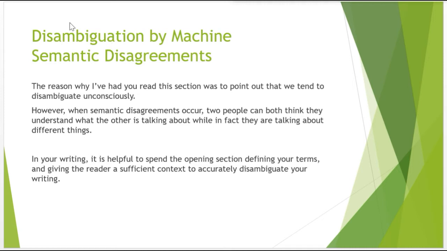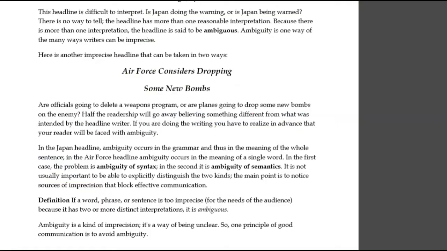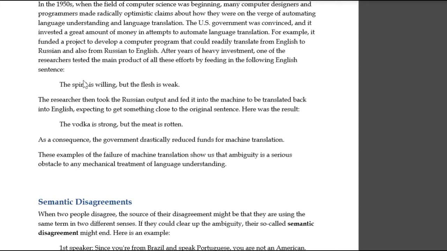And so this was an interesting example, the disambiguation by machine of translation errors, right? So his example was weak in the flesh. Here we go. His example was, the spirit is willing, but the flesh is weak. You translate that into Russian using this machine, and you translate it back, and you get, the vodka is strong, but the meat is rotten.